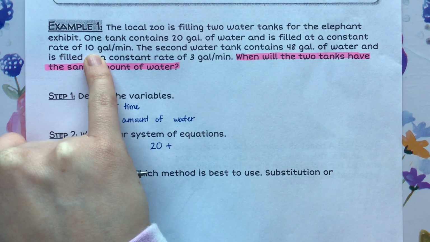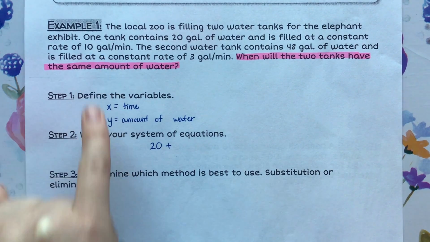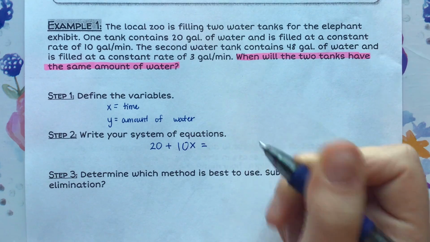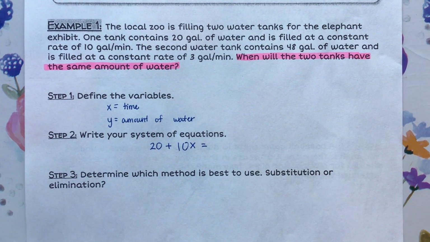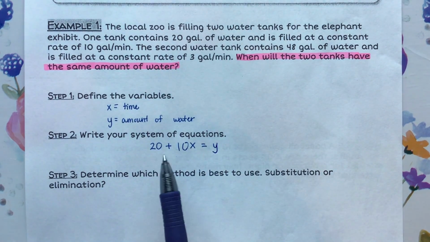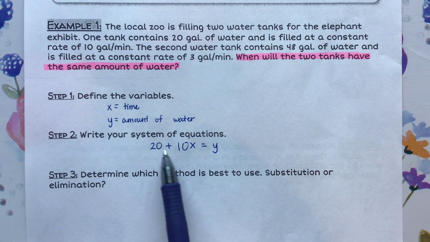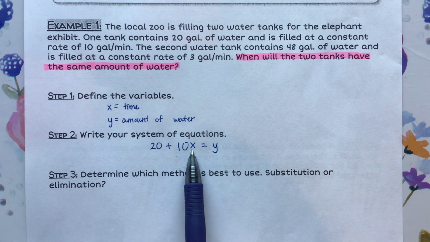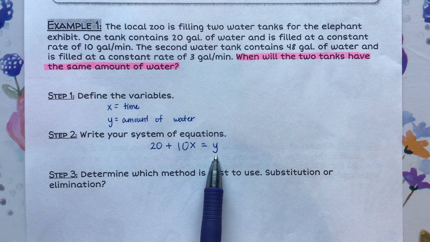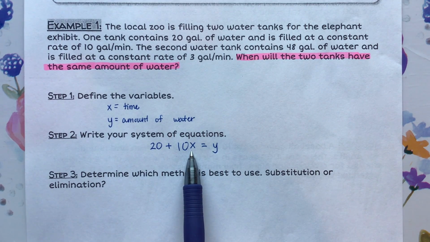My apologies, I'm looking at the wrong sentence. It's going to be 10x is equal to however much water it produces. So that's going to be y. So it's beginning at 20, and it's gaining 10 gallons per minute. That's the x, and that's going to get us however much water there is after a certain amount of time.